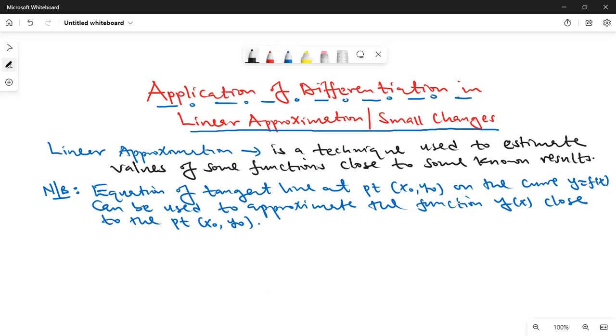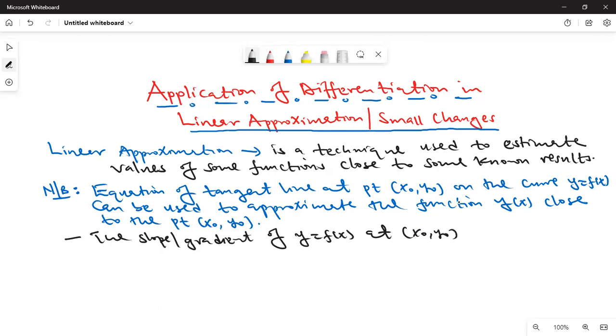So you can write this, that the slope or gradient of y is equals to f of x at point x naught, y naught is the same as the slope of tangent line at the same point x naught, y naught.